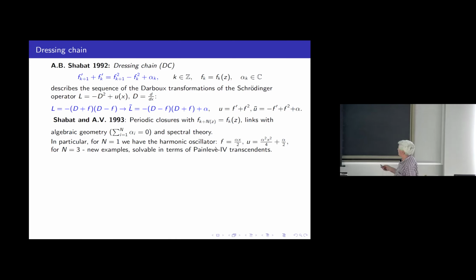Yes, this is finite gap theory. That's what I said. In that case, you have only 0, a constant. But if alpha is not 0, then you have a spectral theory which is a generalization. So this is exactly the thing. We have finite gap theory at the level when the sum of alpha equals 0.